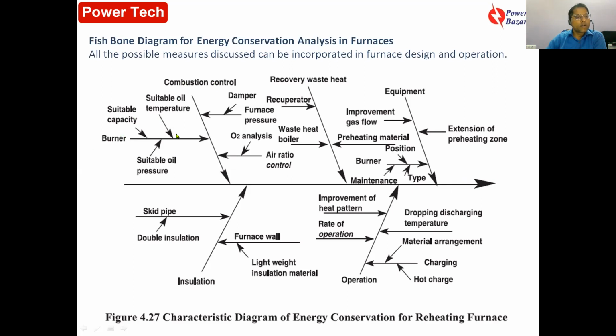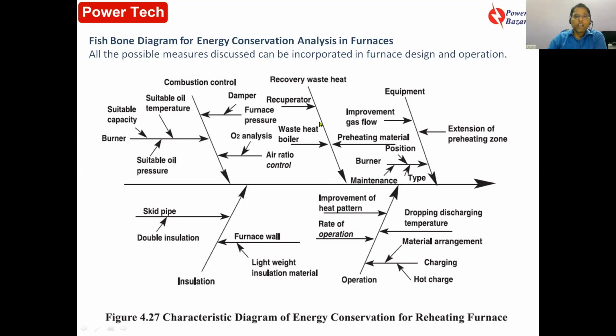Good quality of burner, suitable capacity, suitable oil pressure, suitable oil temperature. Another one, damper: the furnace draft should be good. Oxygen analysis: if oxygen analysis is carried out, then excess air can be controlled. So these are the 3 parameters to control the combustion. Also furnace pressure and air ratio control are part of this combustion control.